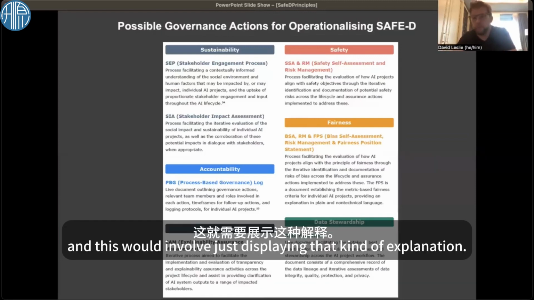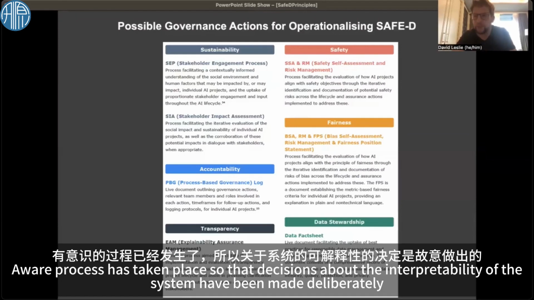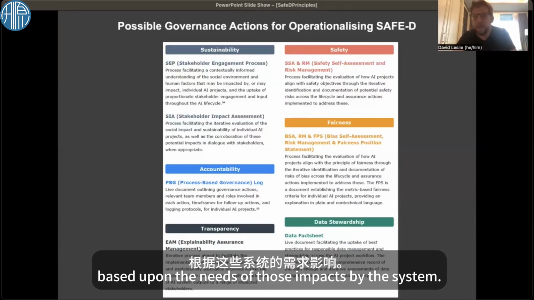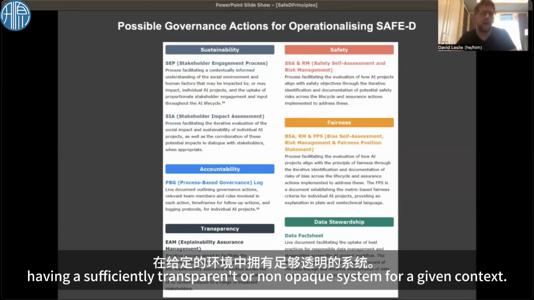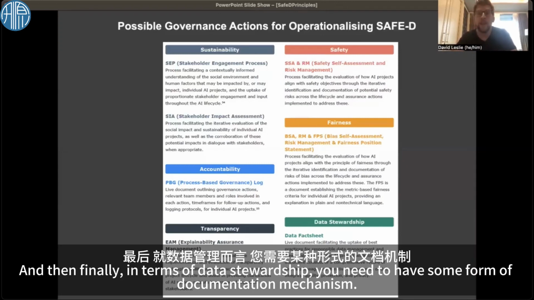This would involve displaying that an explanation-aware process has taken place, so that decisions about the interpretability of the system have been made deliberately based upon the needs of those impacted by the system, and that you've considered all of the issues around having a sufficiently transparent or non-opaque system for a given context. And then finally, in terms of data stewardship, you need to have some form of documentation mechanism.